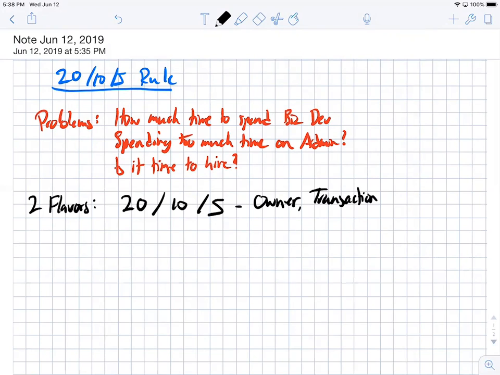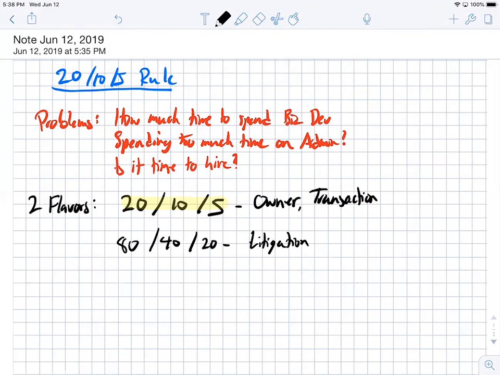The other version, we just multiply this by 4, so you get 80, 40, 20. Not as catchy, so I always talk about this first, and if necessary, talk about the 80, 40, 20. This is for typically a litigation attorney. So this is someone who is going to be going to court.